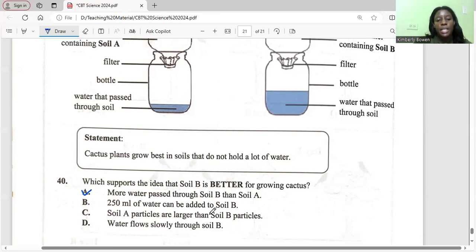250 milliliters of water can be added to soil B. Not correct. Soil A particles are larger than soil B. Usually when more water is being held in something, it's because the soil particles are smaller.